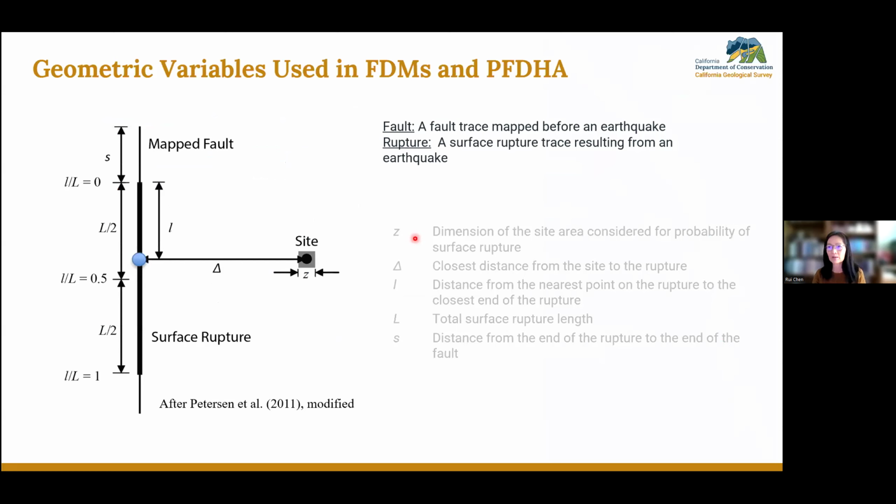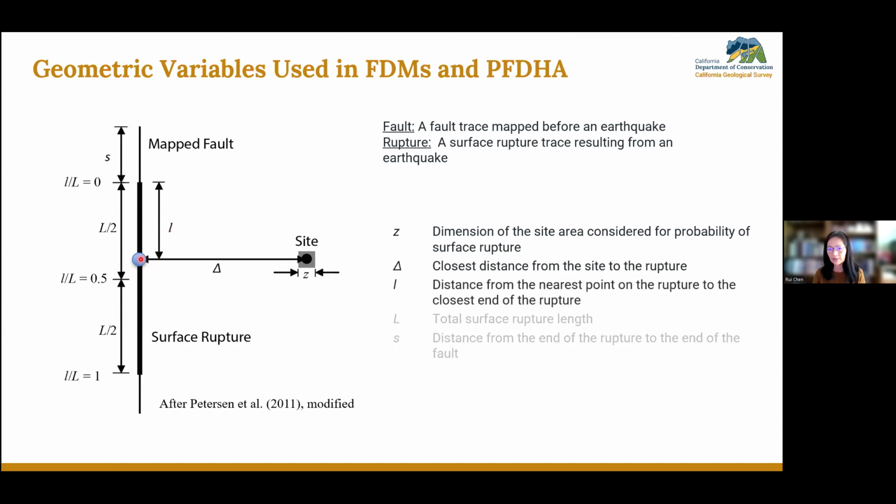Here are some common variables used in PFDHA for a site and a fault. The thin dark line represents the fault mapped before an earthquake. The thick dark line is the surface rupture from an earthquake. Z is the dimension of the site area considered for probability of surface rupture. Delta is the closest distance from the site to the rupture.